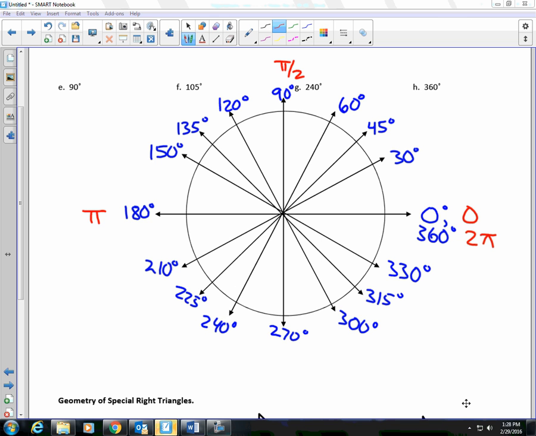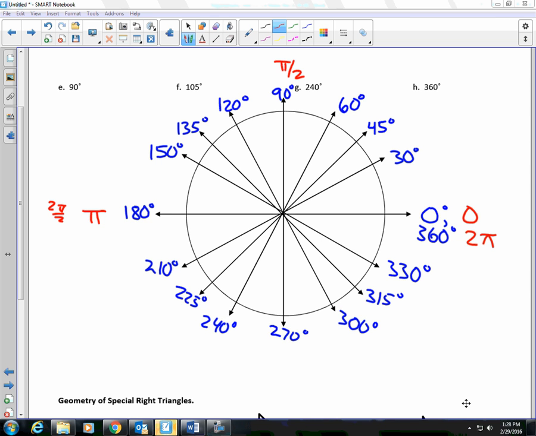Now, watch me count. This is 1 pi over 2, correct? 1 pi over 2, 2 pi over 2. So everybody see that those are the same?